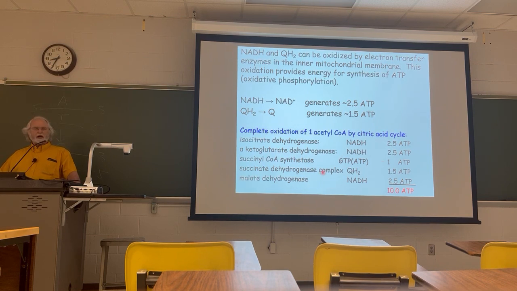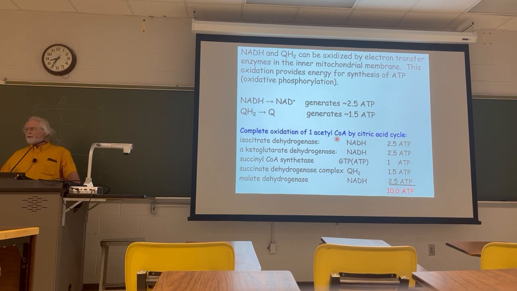The succinate dehydrogenase step transfers its electrons to QH2, so we get 1.5 ATPs there. And the malate dehydrogenase step generates directly an NADH, and so that can be used to generate energy for another 2.5 ATP.